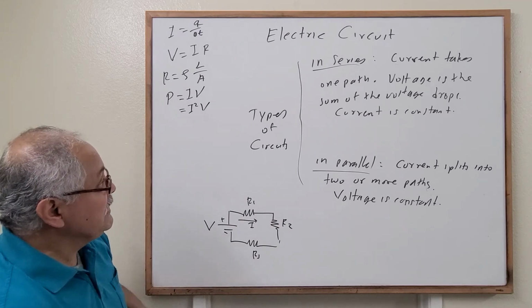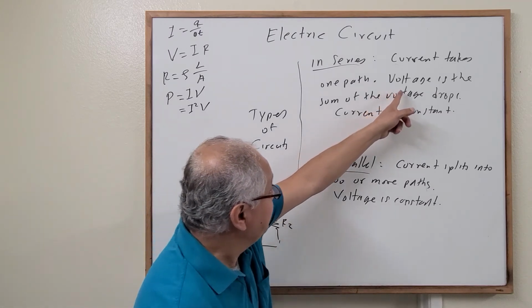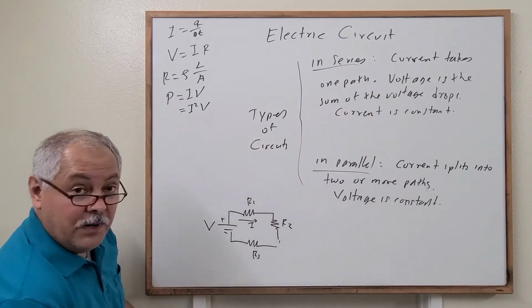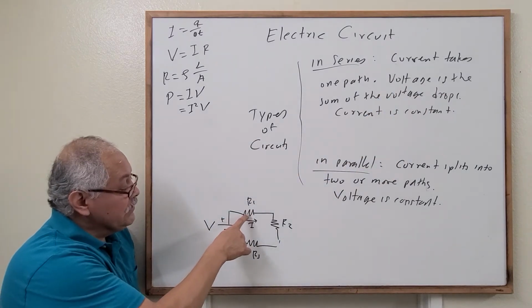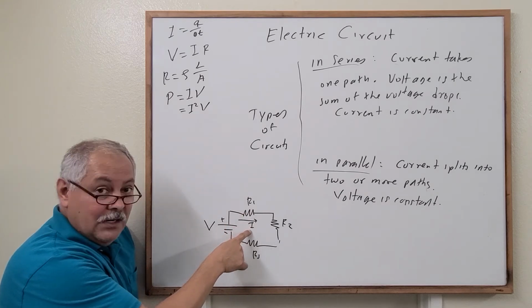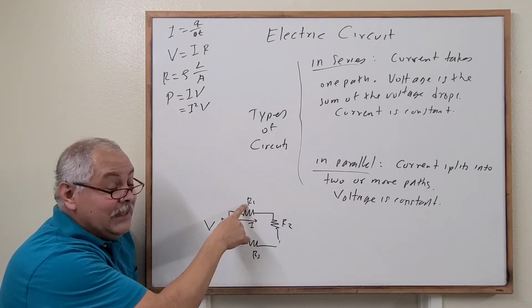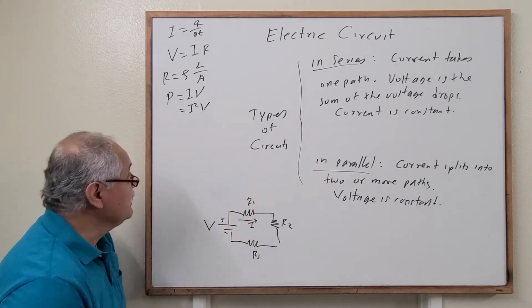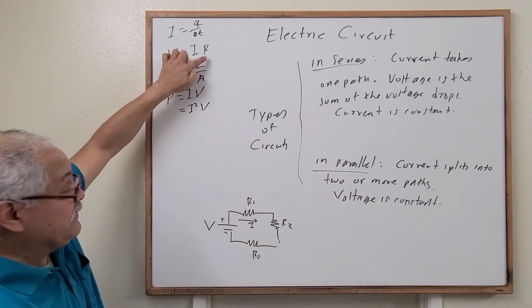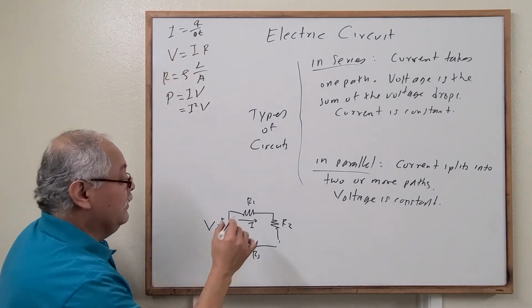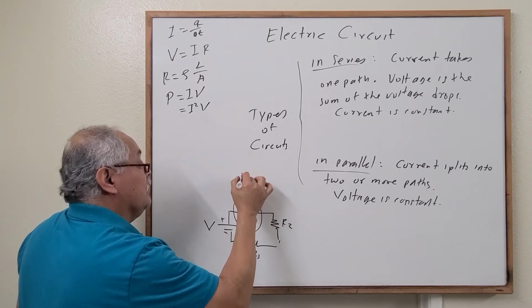Now it says voltage is the sum of the voltage drops. Look, when we take into account this resistor, through this resistor we have a current. When we multiply the current and the resistance, we create voltage, and we call that a voltage drop. This one we call V1.